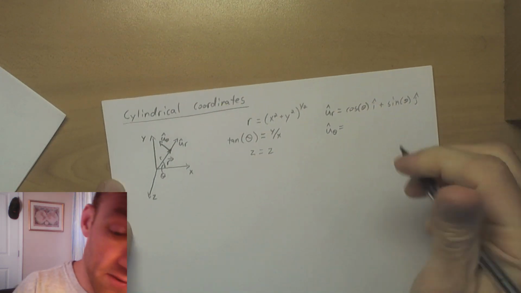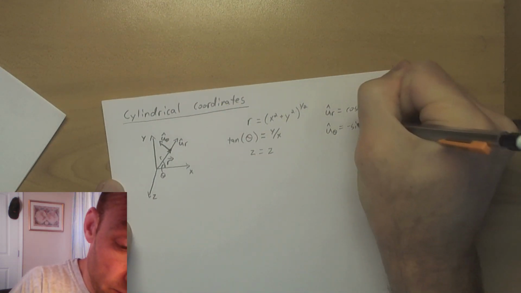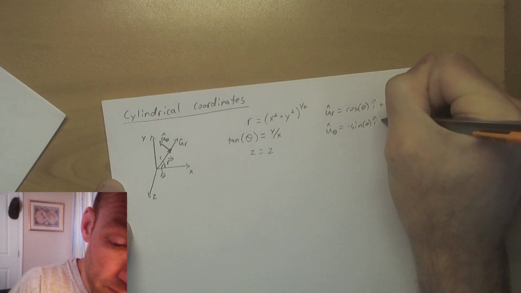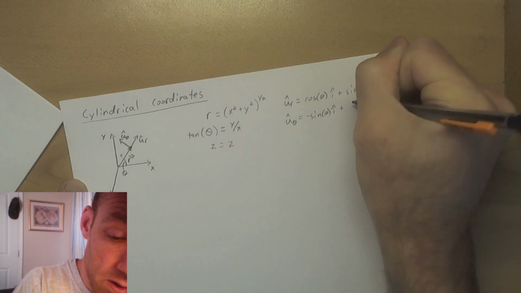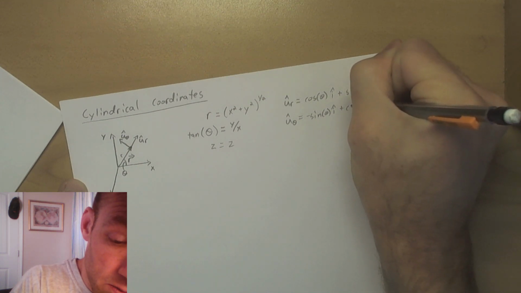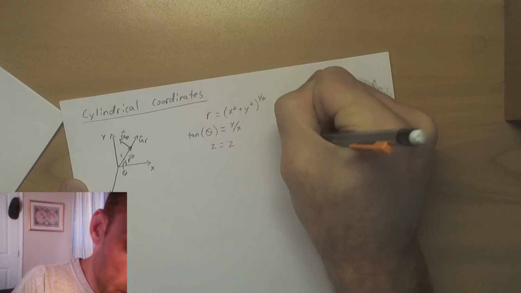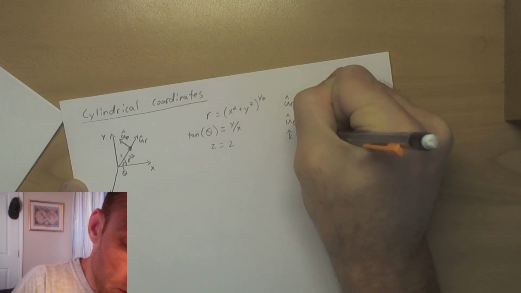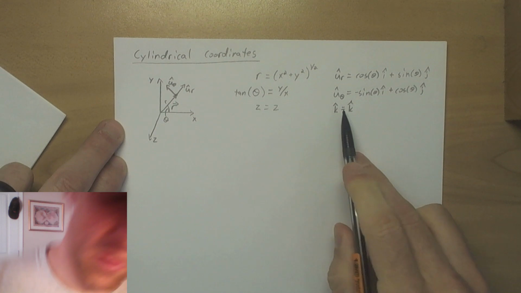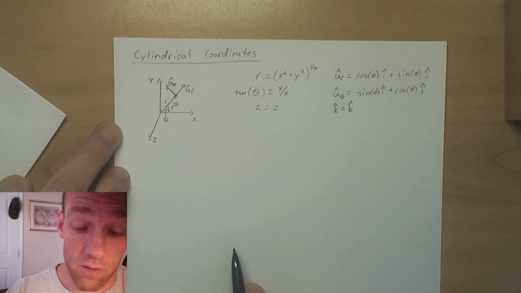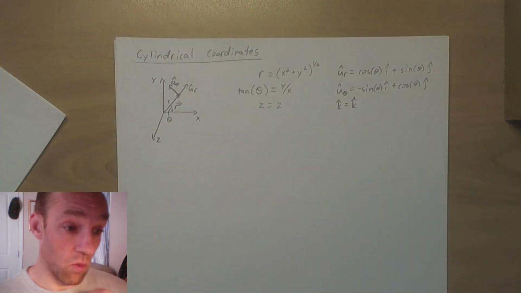And so we can define it. So these are the basis vectors in cylindrical coordinates expressed in terms of the basis vectors in Cartesian coordinates.